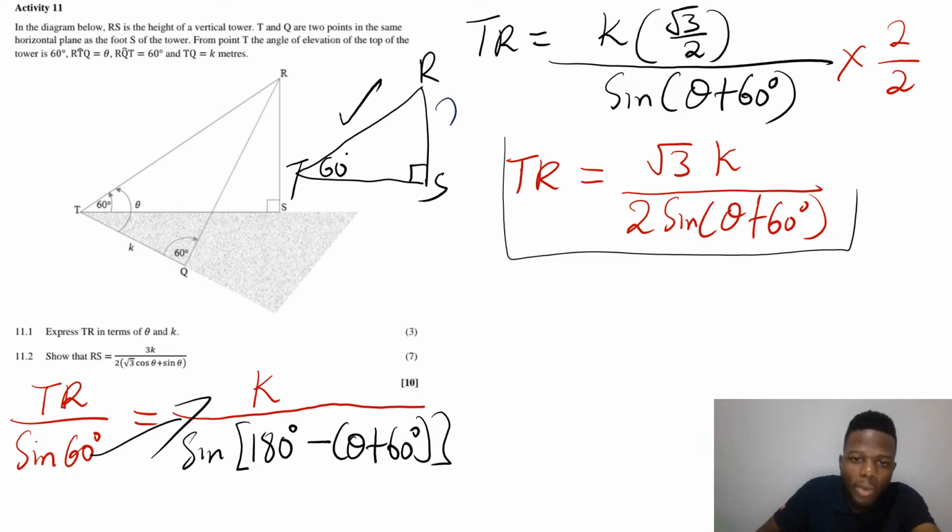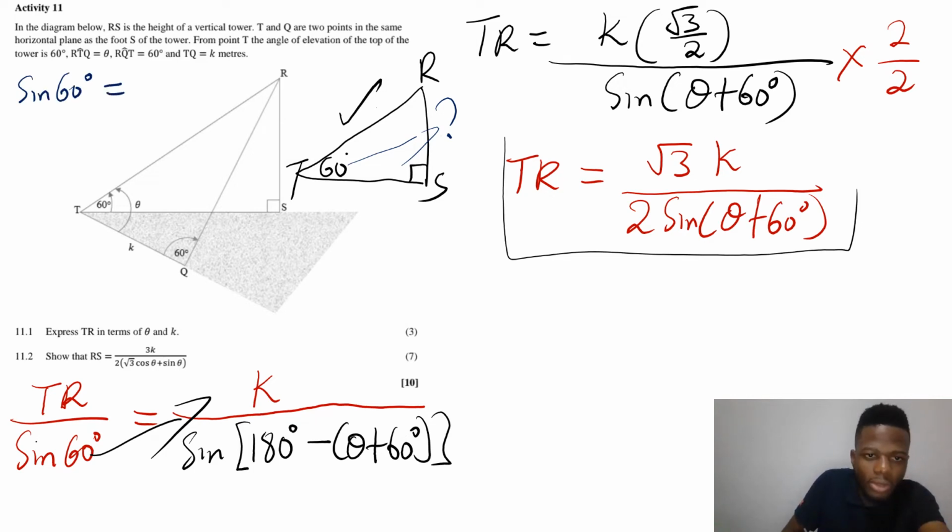So now we are looking for this side, because we have TR and we are looking for the opposite. RS is the opposite side of that angle 60 degrees, and TR is the hypotenuse. Opposite and hypotenuse give us sine. So sine 60 degrees equals RS over TR.